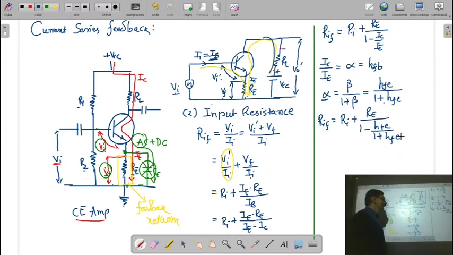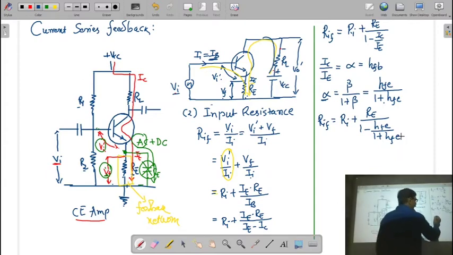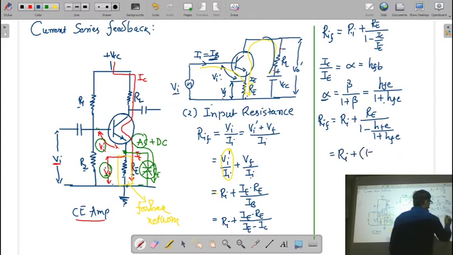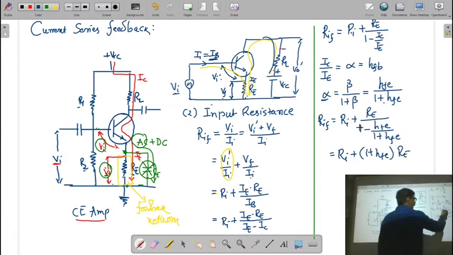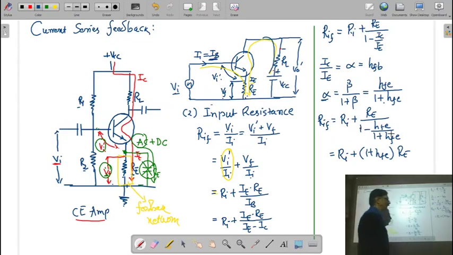Correct? And if we simplify this, it comes out to be RI plus 1 plus HFE into RE. Here 1 plus HFE multiplied with 1 minus HFE will be cancelled, and you will get this expression. What is RI?